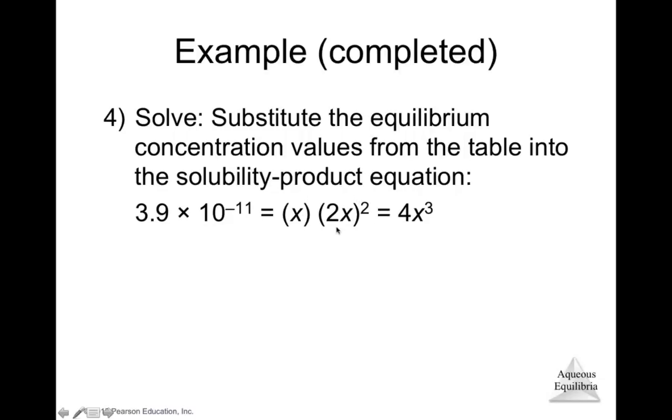Okay, and we multiply this, we have 4X cubed. So now we can solve for X, and we can determine the value of the solubility. That will be equal to 2.1 times 10 to the power of minus 4 molar. This is basically the solubility for the calcium fluoride.